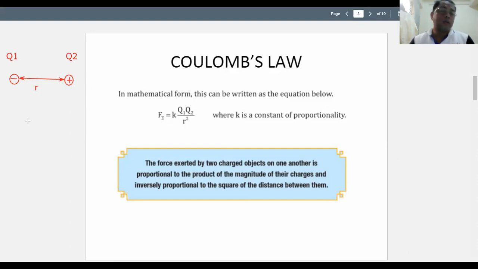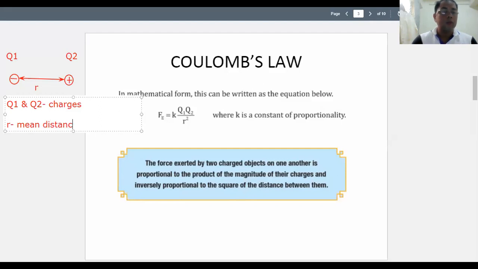Now, according to this equation, Q sub 1 and Q sub 2, these are your charges. And R here is your mean distance between the charges.